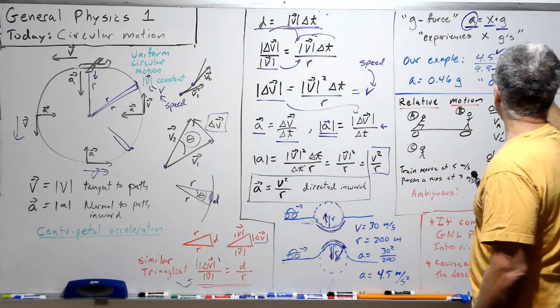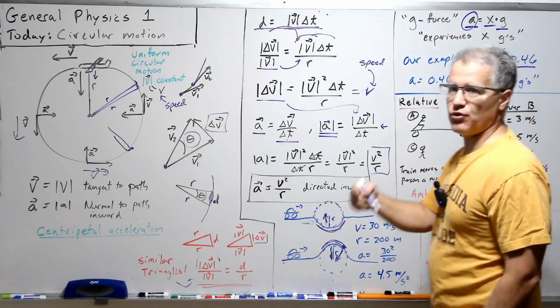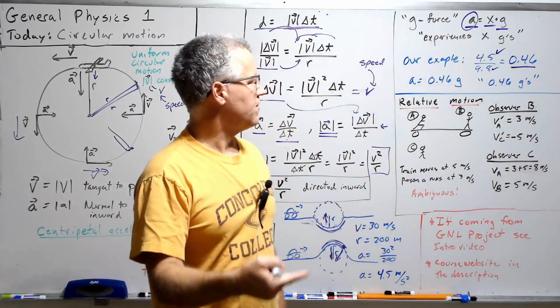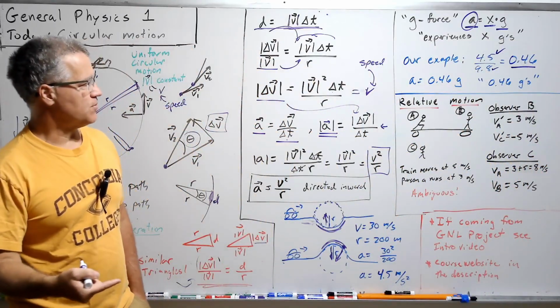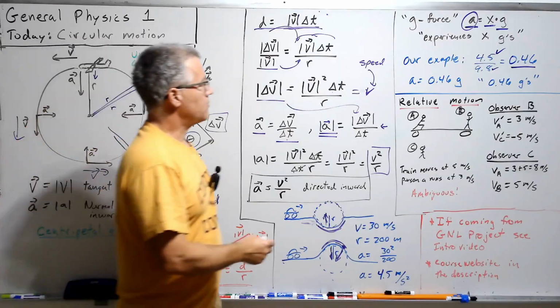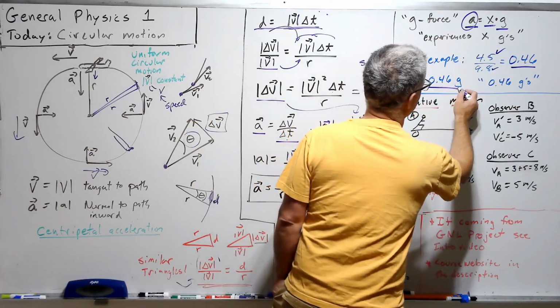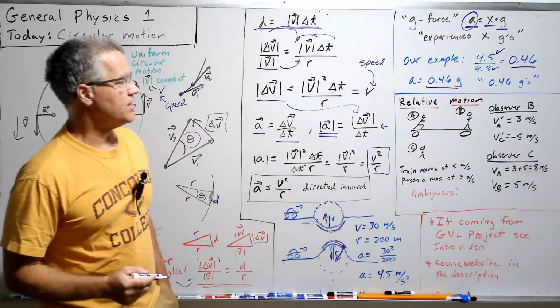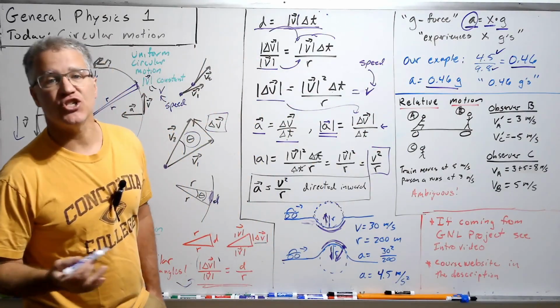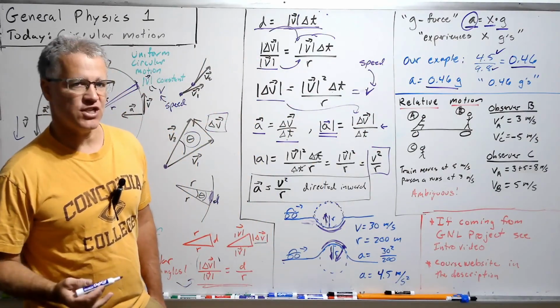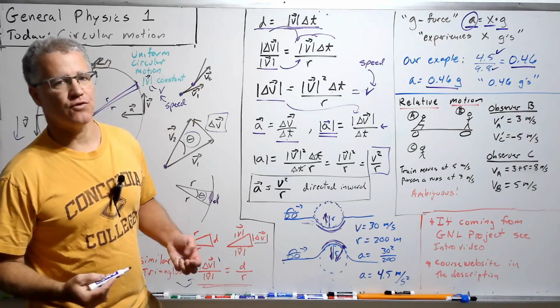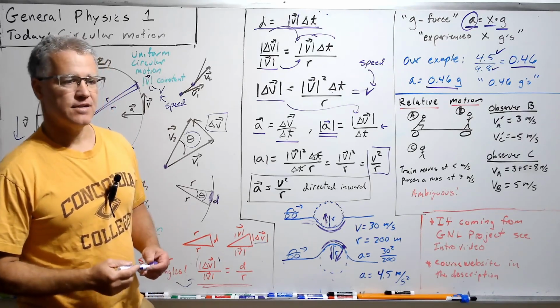So if we multiply 0.46 times 9.8, we get our 4.5 meters per second squared. So our acceleration is this, and so we would say we experience half a G, basically, 0.46 G, or we experience a G force of 0.5.